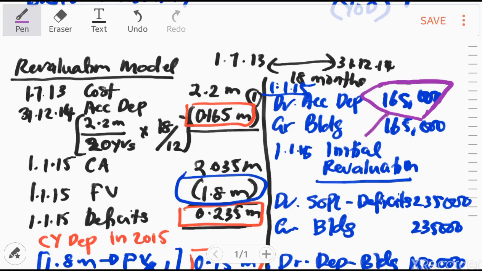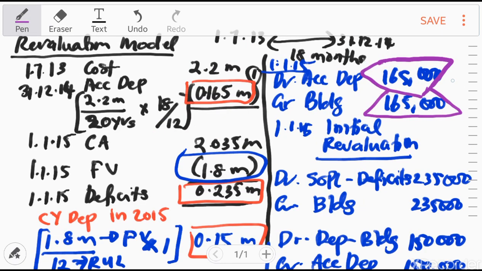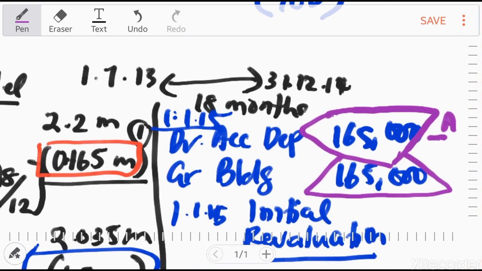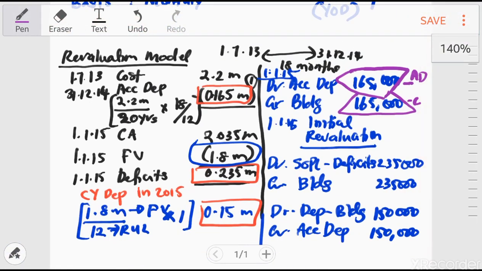Credit building. These are deducted in the cost section. So, this one will be deducted in the accumulated depreciation, but this one will be deducted in the cost. I put C for cost or valuation.